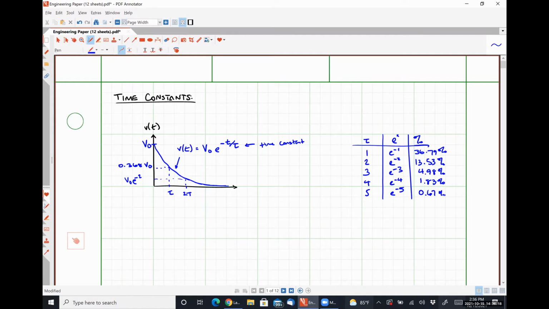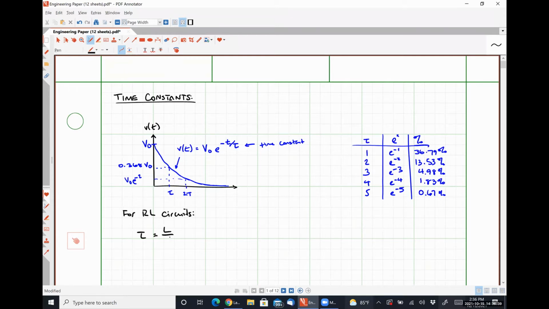So if we have an RL circuit, what do you think our time constant is? L over R, exactly right. Right?